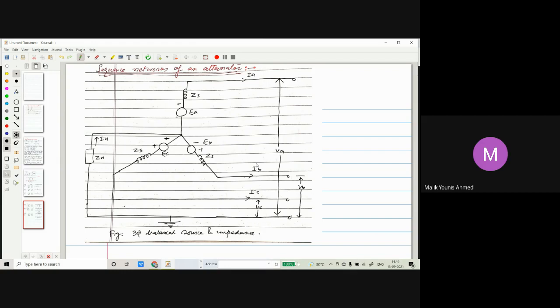So, a synchronous machine, you know, generates balanced three-phase internal voltage.